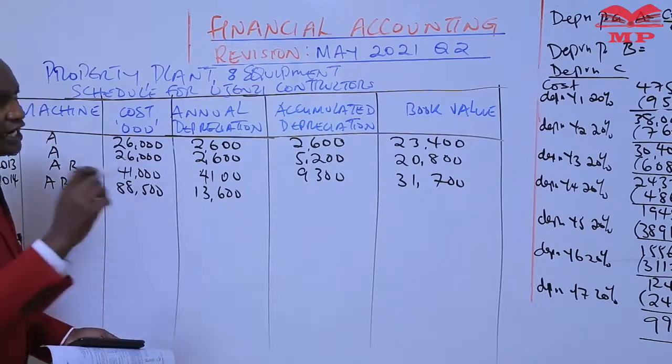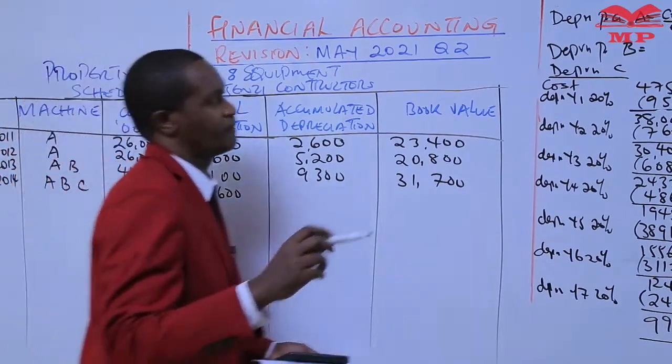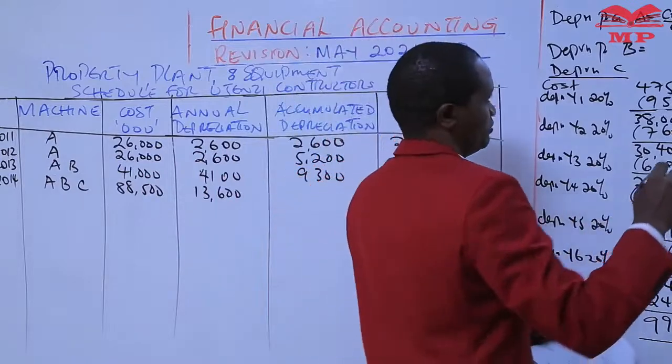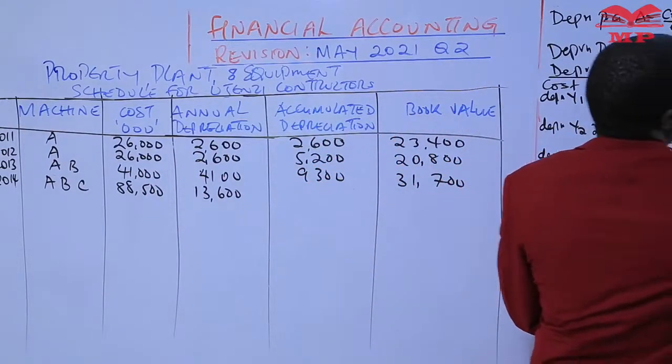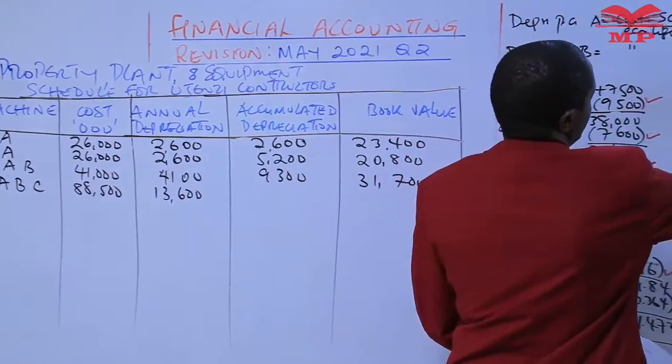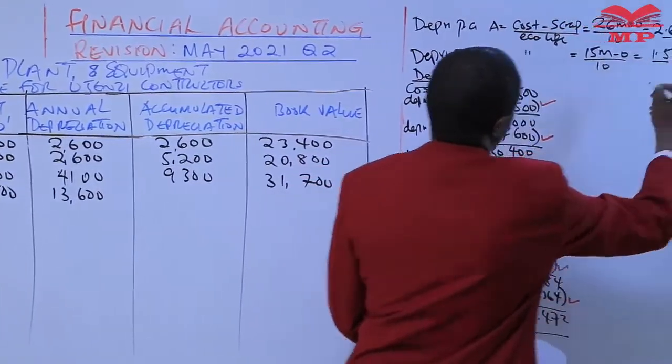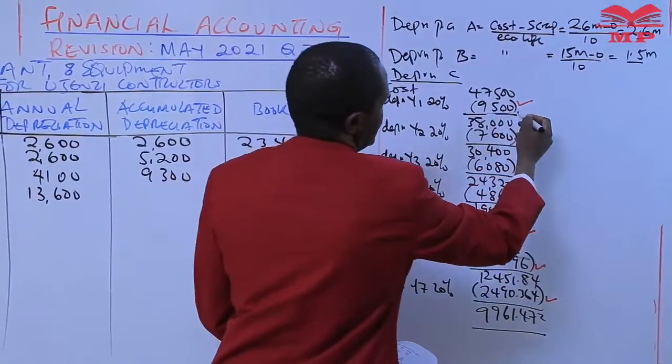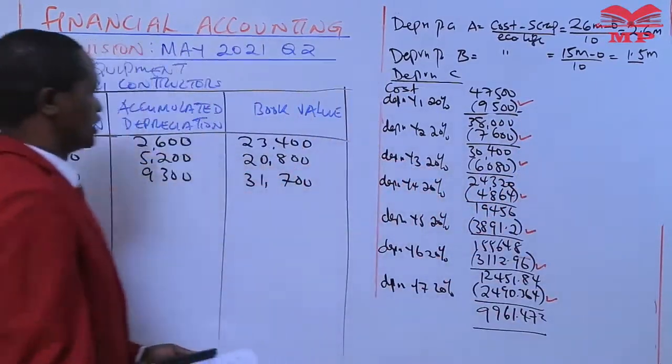I've taken the annual depreciation for machine A. I want you to move with me: 2,600 plus annual depreciation machine B, 1,500, plus annual machine C, 9,500, to get 13,600,000.